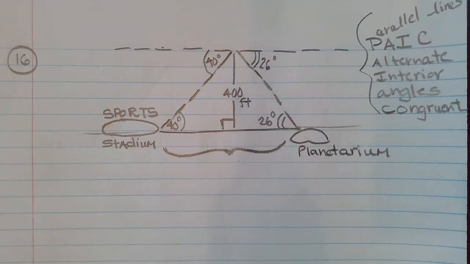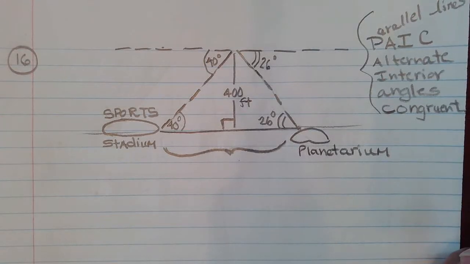Just like in problem number 15, you had exterior angles on the outside that were part of a 180-degree angle, and you were able to complete that 180 by subtraction. Here you're actually using a geometry theorem.